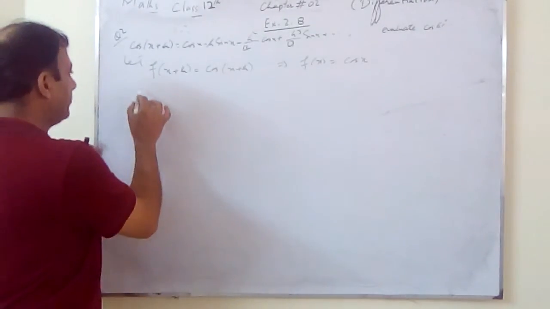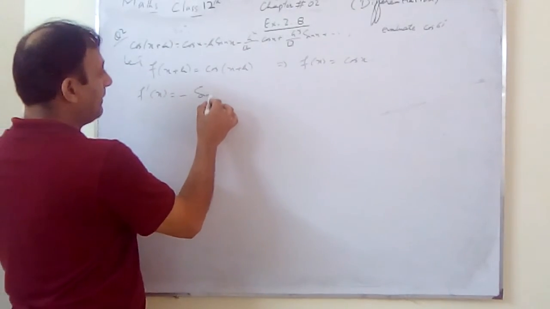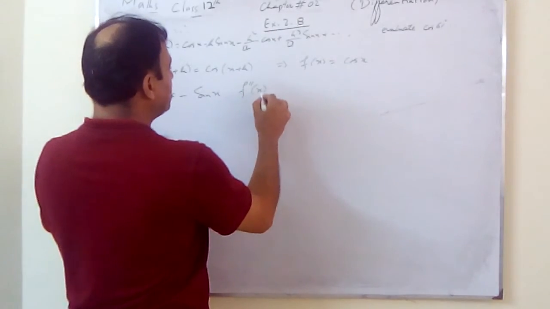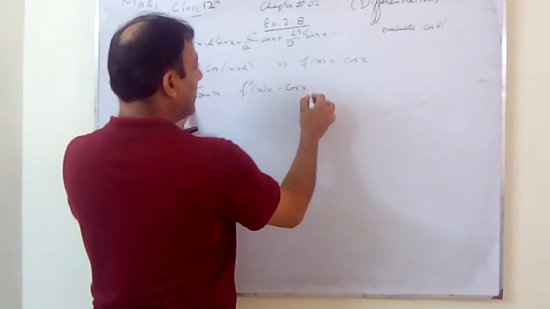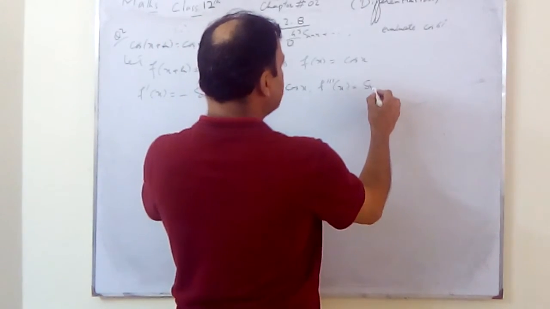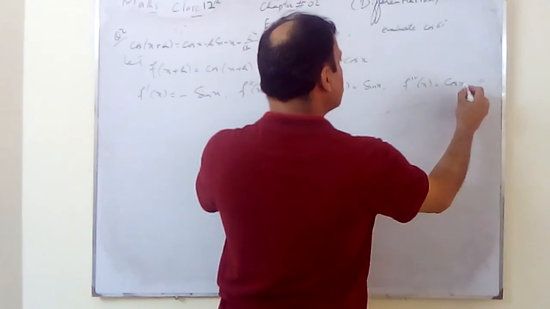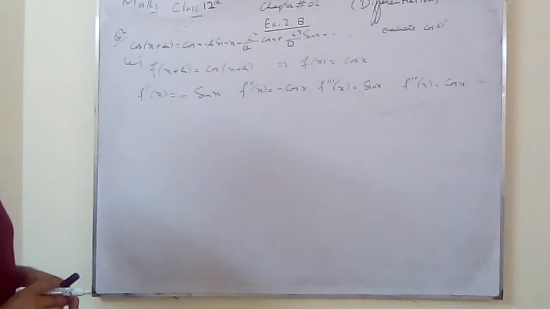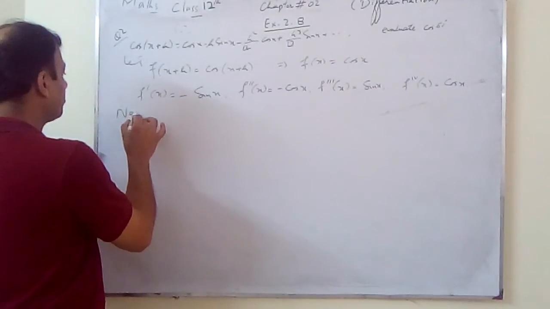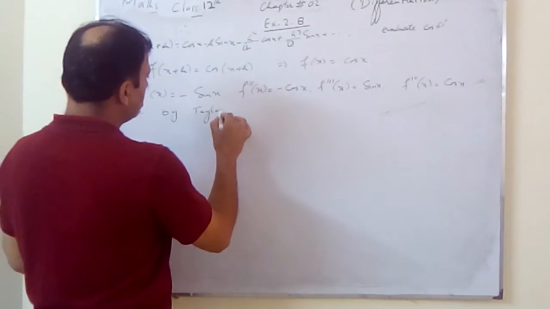Differentiate this one by one. f prime of x is equal to minus sin x, first derivative. Second derivative of this is minus cos x. Third derivative is sin x. Fourth derivative is cos x, and so on. So we are taking only 4 derivatives. Now by Taylor series.